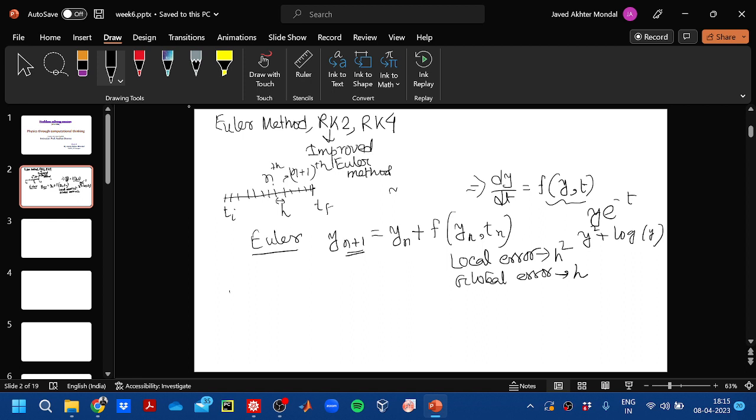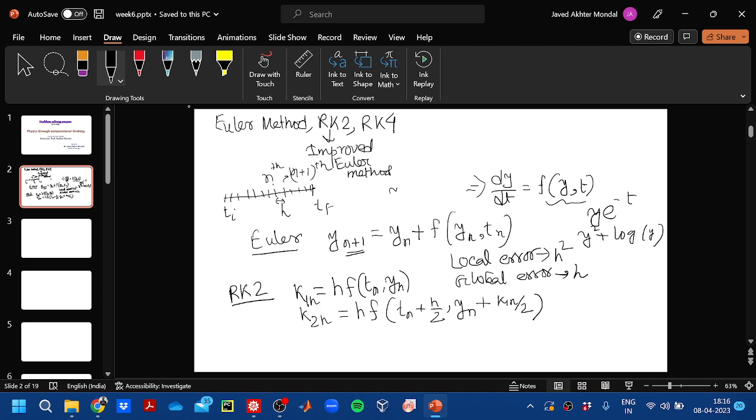After that we looked at the RK2 method. We can solve a similar differential equation via RK2. For the update equation, we define two new variables: k1n equals h times f of tn, yn, evaluated at the nth point, and k2n equals h times f of tn plus h by 2, yn plus k1n by 2.